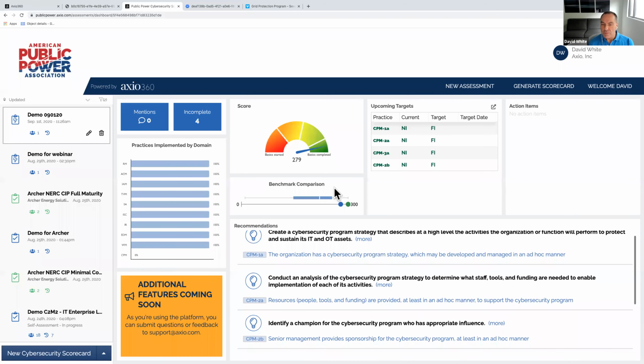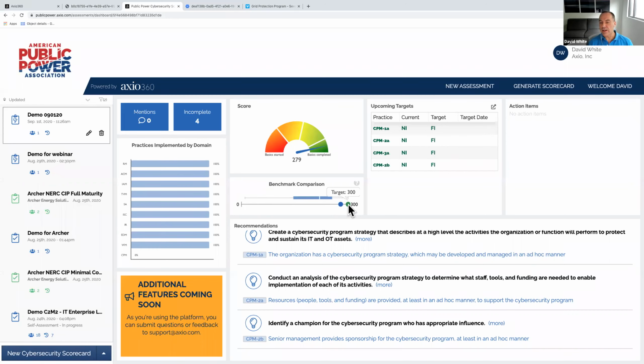It also shows, I said I would say more about this benchmark comparison. So this blue dot is your current score. That's 279, just like in the speedometer up there. And then your target for the scorecard is 300. And why is that the target?